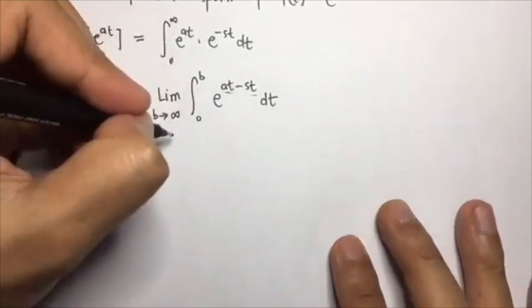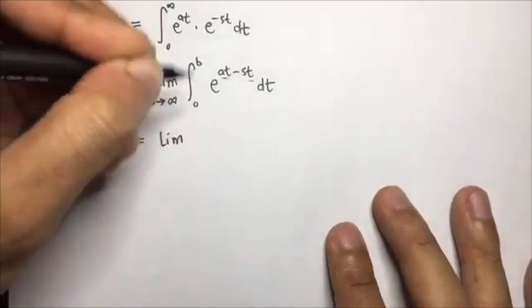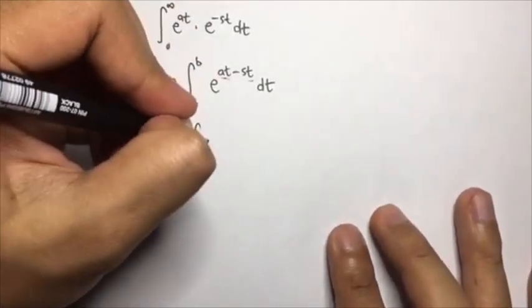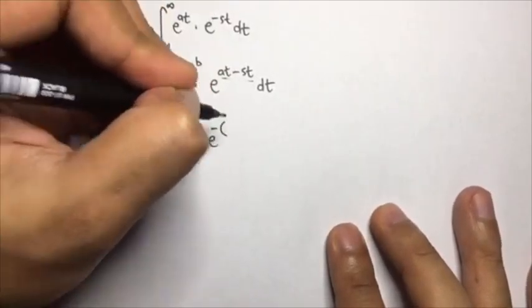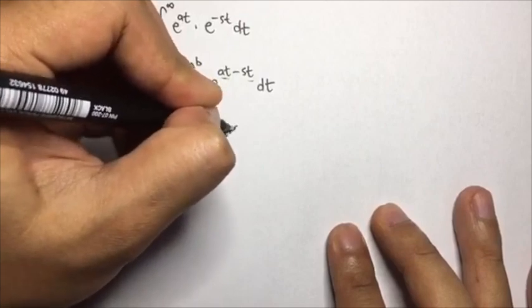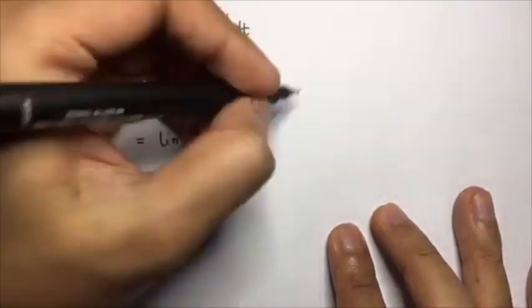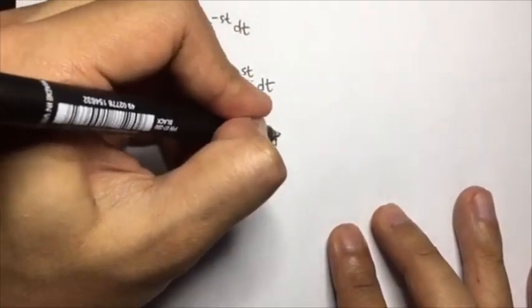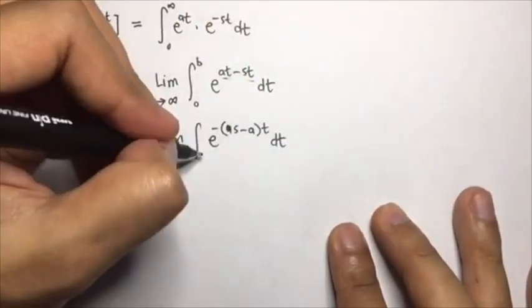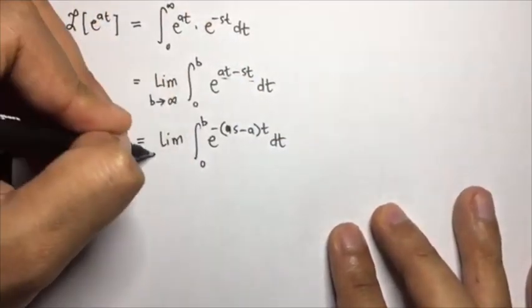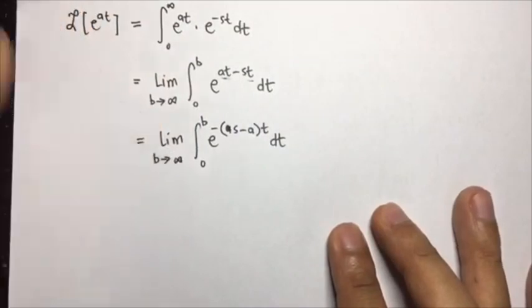So this becomes the limit of the integral of e raised to negative s minus a times t dt, from 0 to b as b approaches infinity.